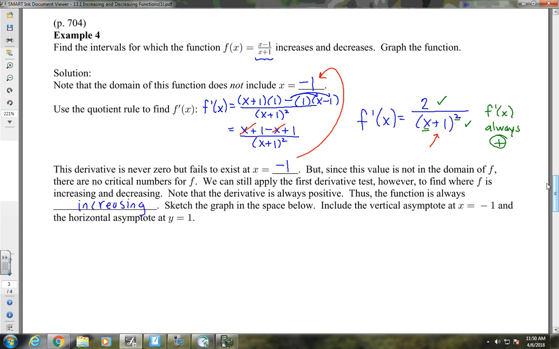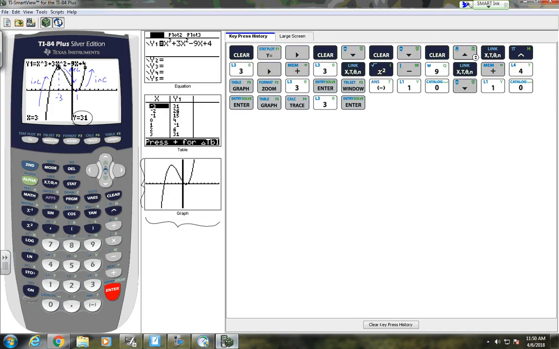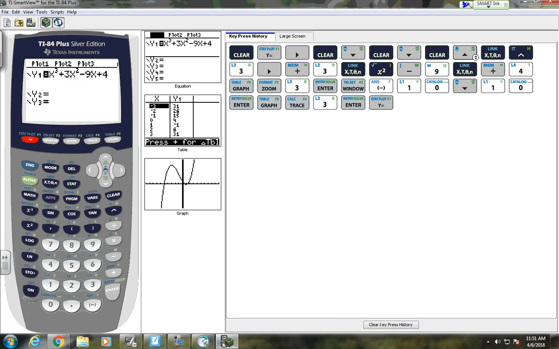Sketch the graph in the space below. Include the vertical asymptote at x equals -1 and the horizontal asymptote at y equals 1. You may be wondering what that is. Let's take a peek first at how our calculator handles this graph, and we'll observe what the horizontal and vertical asymptote mean. So back to y equals.